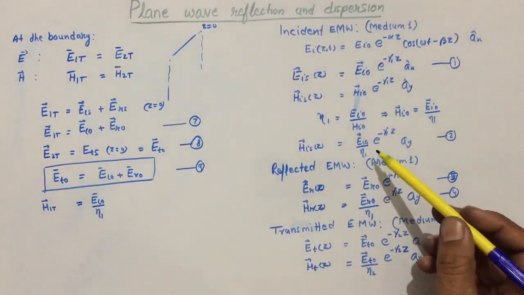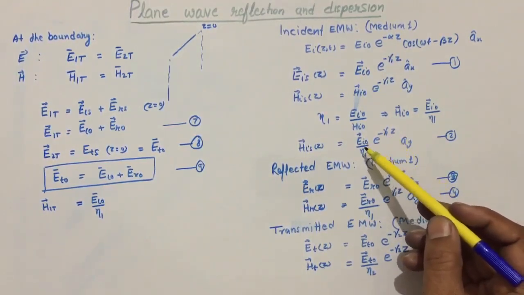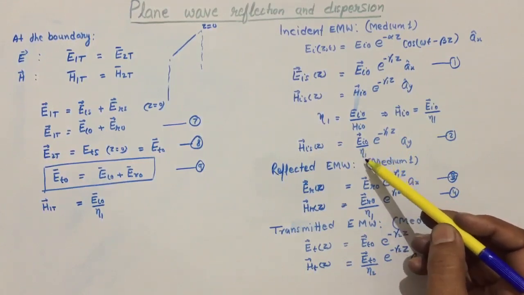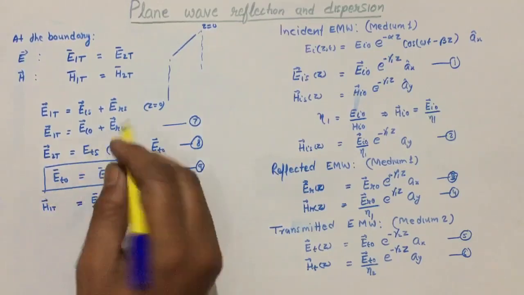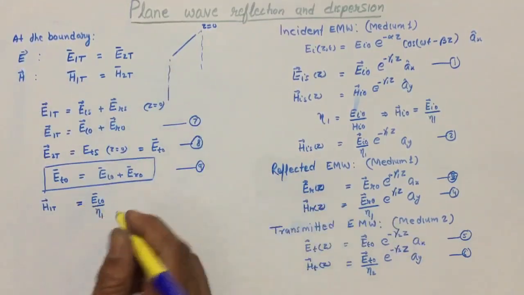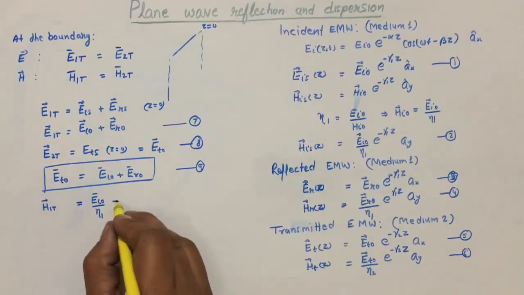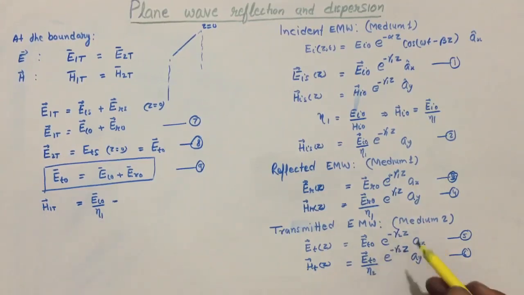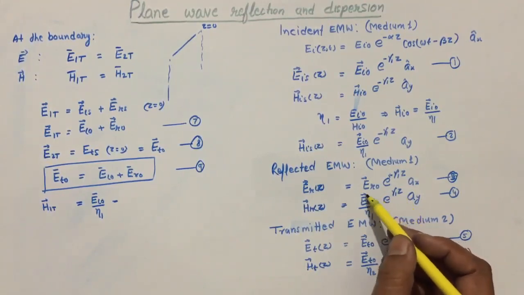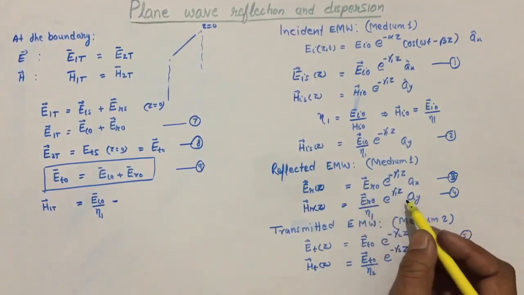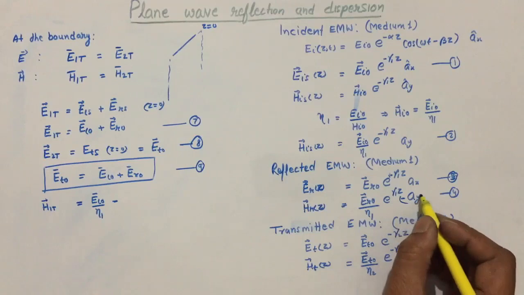From here we can say when it is at the boundary z equal to 0, then we can write E_i naught by eta 1, and as the incident wave and reflected wave have opposite directions of magnetic field component, there will be a minus, E_r naught, it is minus a_y should be here.